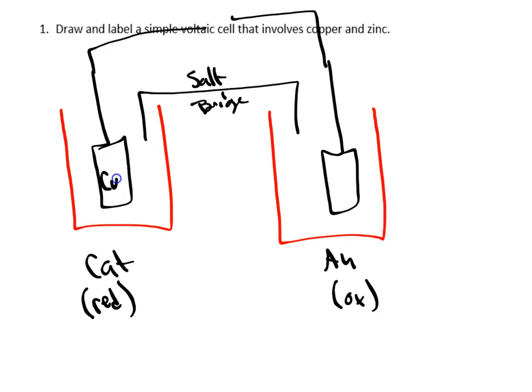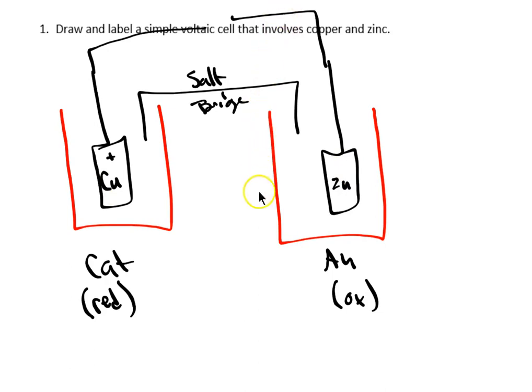Copper is my cathode. How come? All right, it has a more positive electrical potential. That plus sign's in a dumb spot. All right, and then zinc must be my anode, because it had a less positive one.